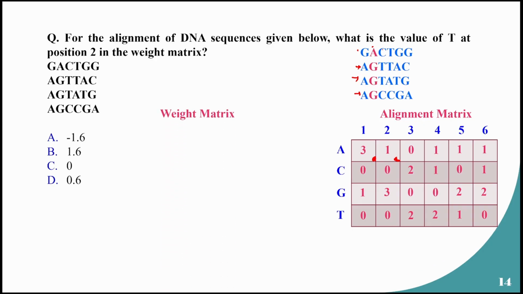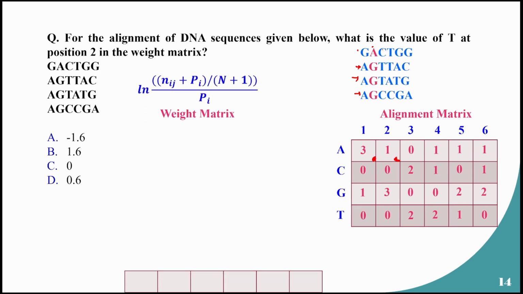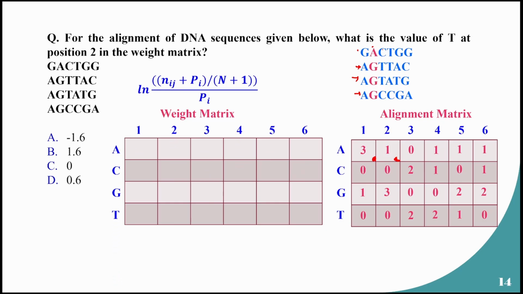Now to convert this alignment matrix into what is called the weight matrix, you have to introduce this formula. Again you write the same thing, but now with a different formula, where first you get the number, that is, how many adenines or how many of a particular base were present at this position.